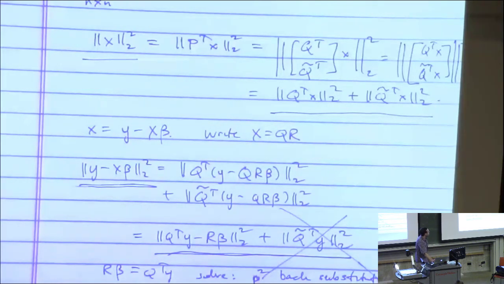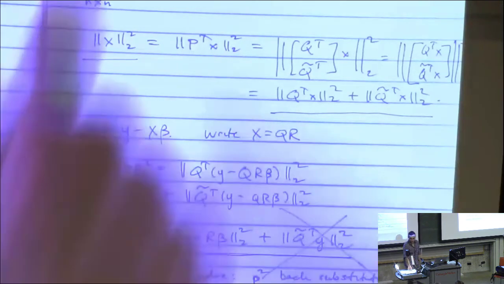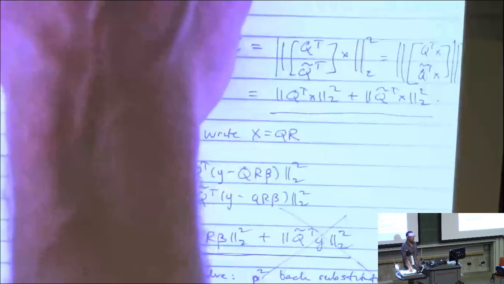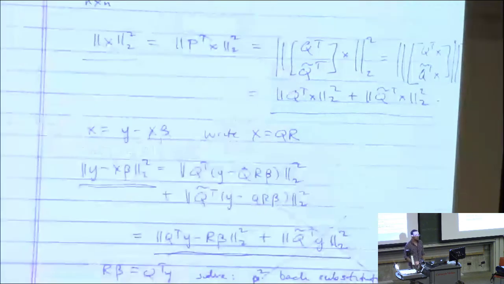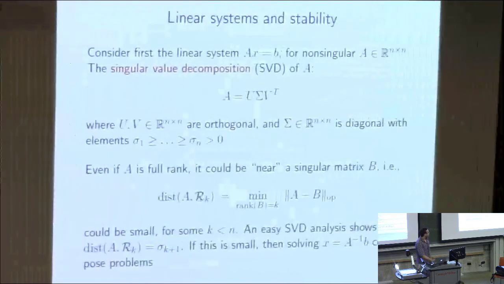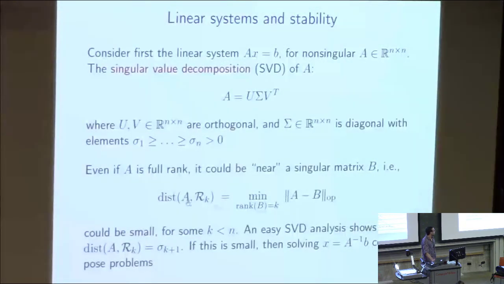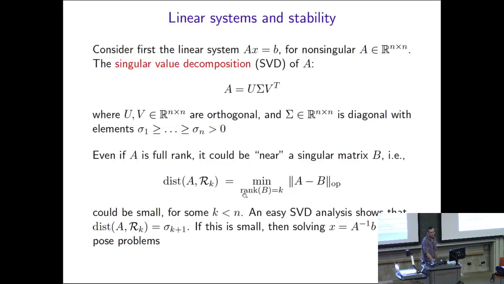Let's suppose that I'm asking you to solve a linear system in a matrix A, like this one, Ax equals b. And A was close to a singular matrix. So A was not itself singular, but it was close to a singular matrix. The way I'm defining that is that the distance between A and the set of rank k matrices, for some k less than n, is small.